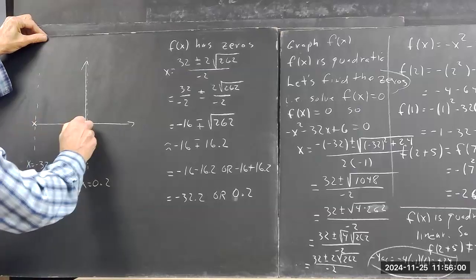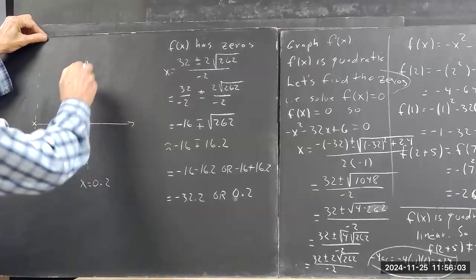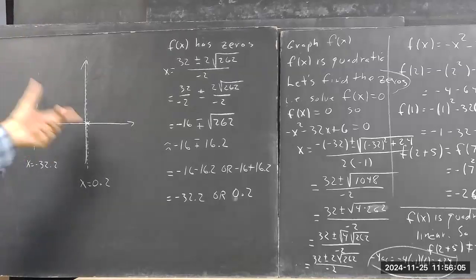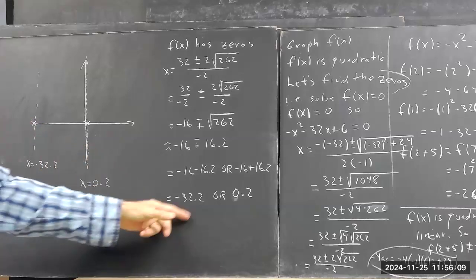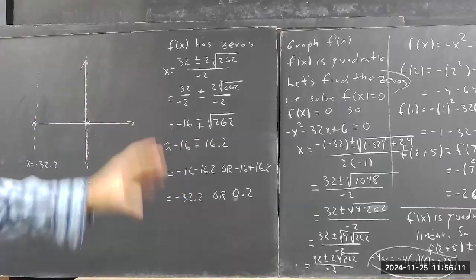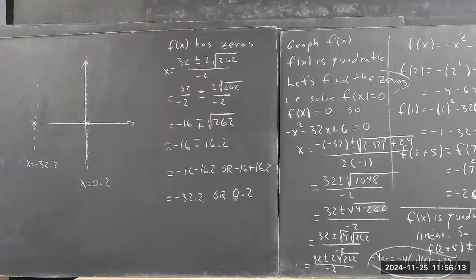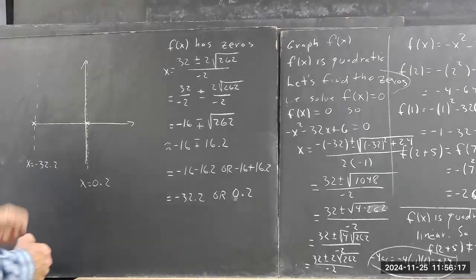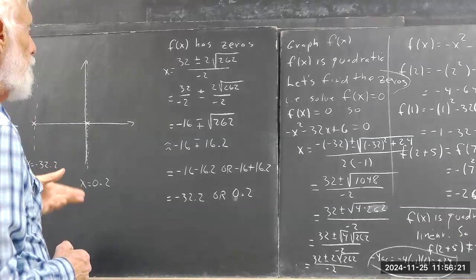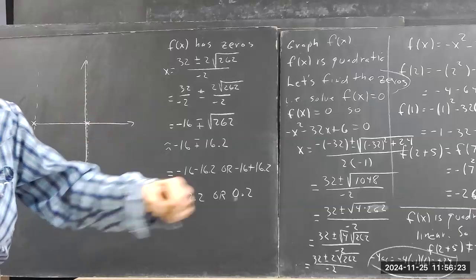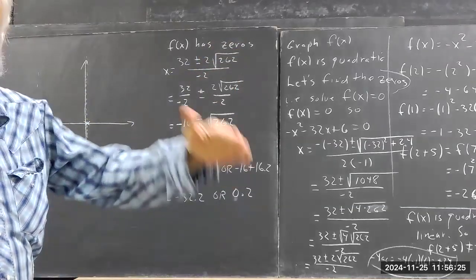These are my zeros, so I've got to have points on these vertical lines that go through the x-axis, right? Because the x is the x-coordinate and the y-coordinate is 0. That's what we just found out. All right. Now we've got to graph the thing. We know it's got either this kind of shape or this kind of shape.